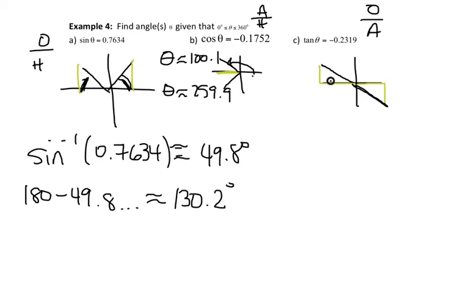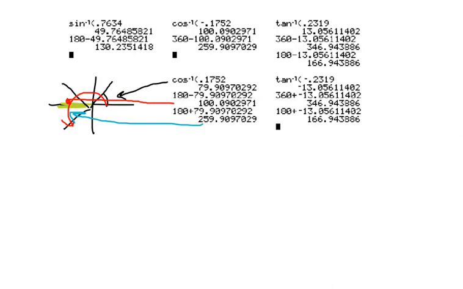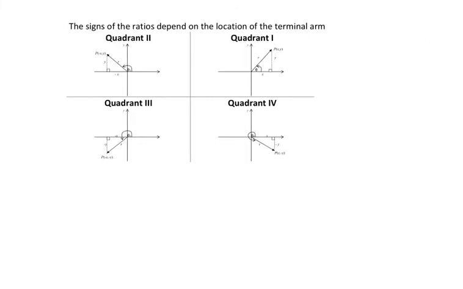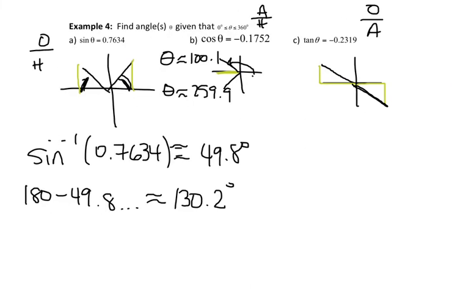Here I've got 180 minus that 0.13, so 180 plus that negative. And again, we could have done what I suggested over here, just do the tan of the positive. That gives us the distance we're looking for, 13.1 degrees from the x-axis. So then we've got 360 minus 13.1, 180 minus 13.1.